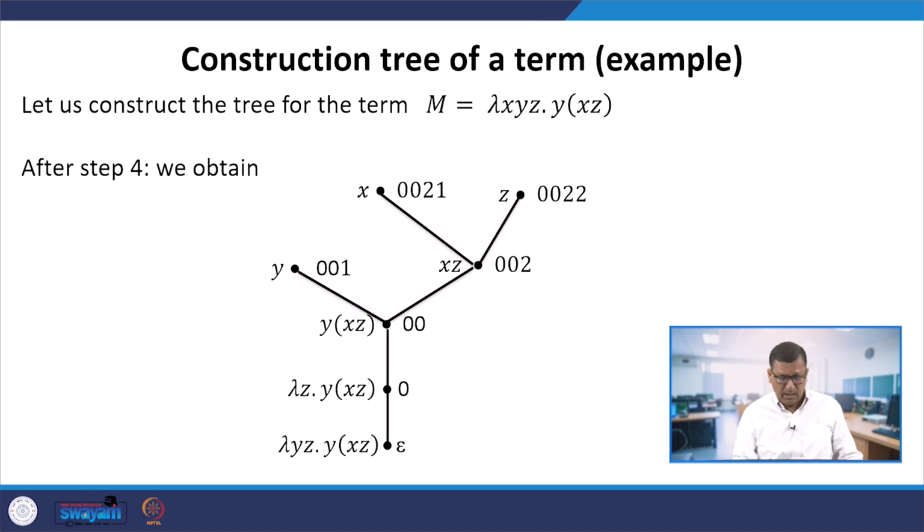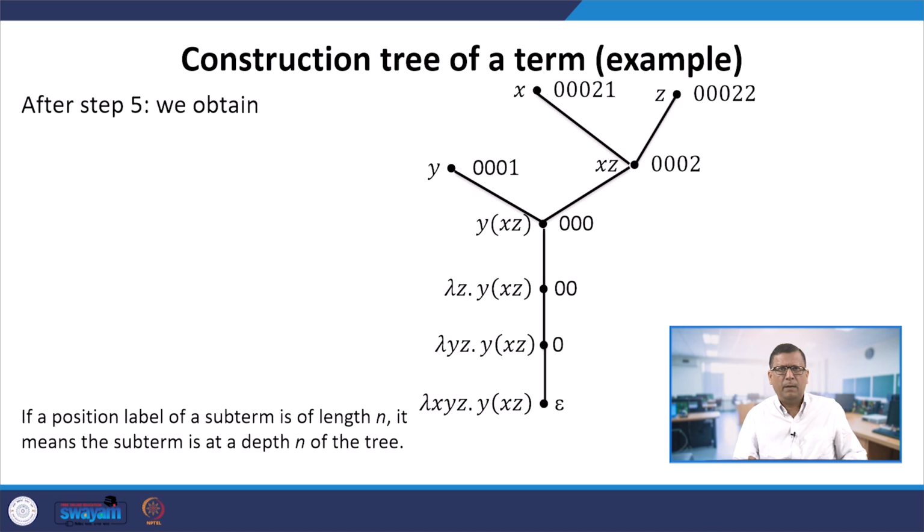When we add lambda y, another 0 is added, and then finally when we add lambda x, another 0 is added. So this is how the trees get modified, in the sense that their position levels get changed. Now let us see the position level of a subterm.